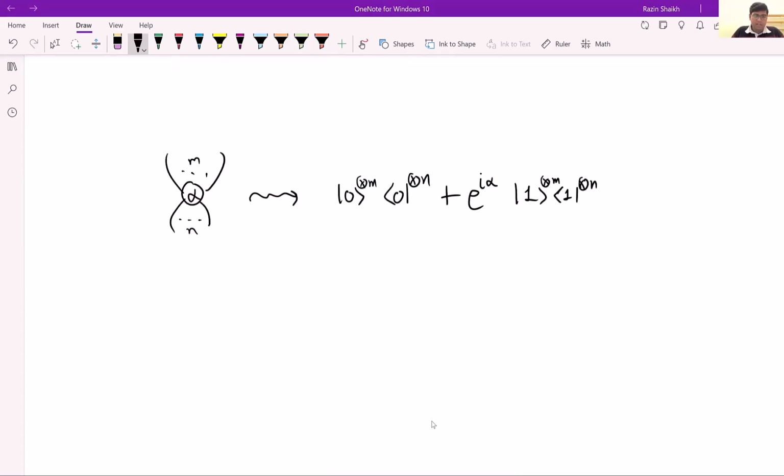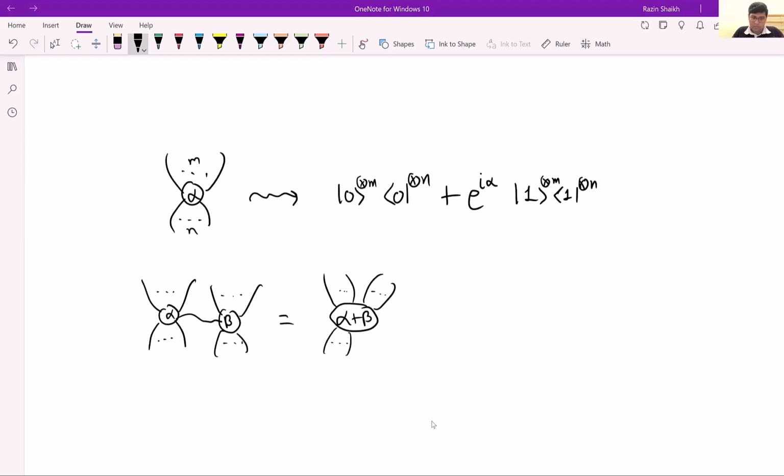But before we look at that, I think we can also now apply a modified fusion rule. If I have an alpha labeled spider and a beta labeled spider that are connected, when I fuse them, the angle will add up to alpha plus beta. And you can see why that might be.